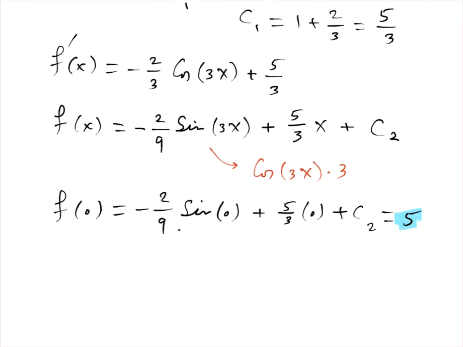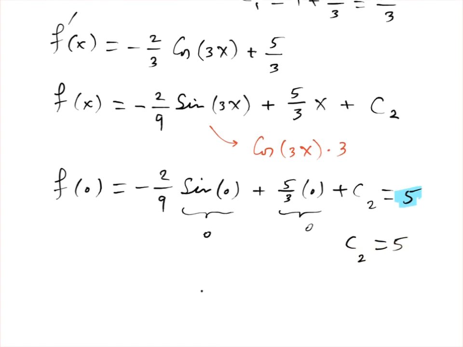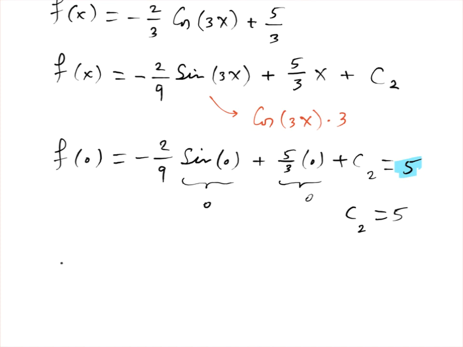First of all, sine 0 is 0. 5/3 times 0 is 0. So what we get is C2 equals 5. So now we can write the final answer.